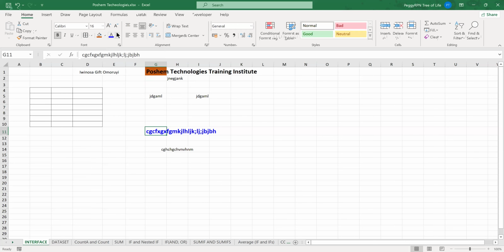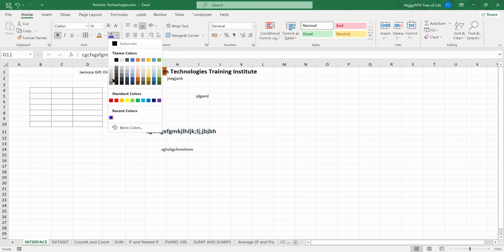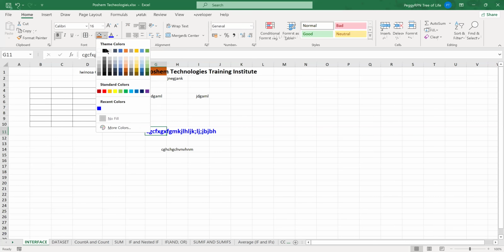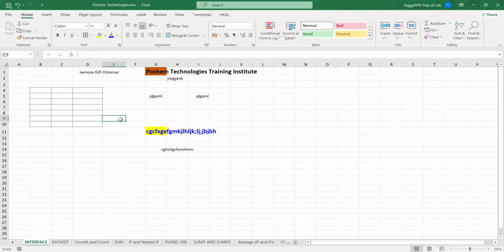This one is just to use whatever color you choose for your text, and this one is for the cell itself, whatever you want to have as your background. So I'll go over that tomorrow again.